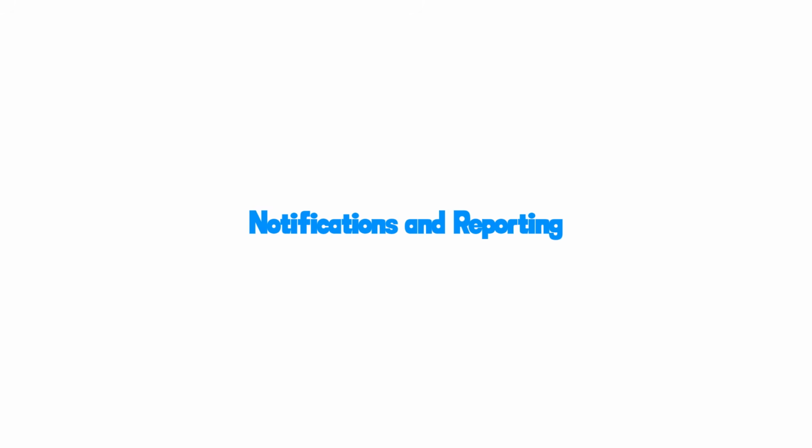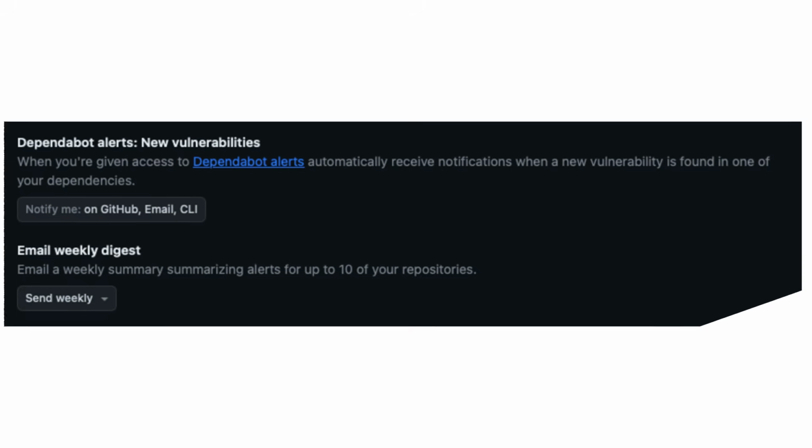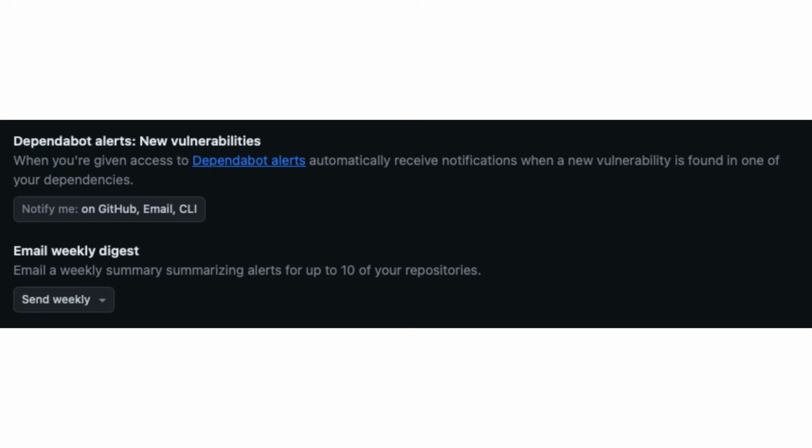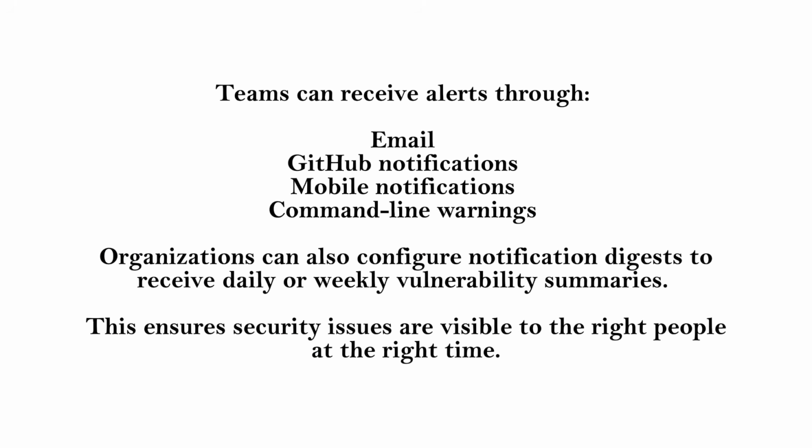Notifications and reporting. GitHub also provides notification capabilities for dependency management. Teams can receive alerts through email, GitHub notifications, mobile notifications, and command line warnings. Organizations can also configure notification digests to receive daily or weekly vulnerability summaries.